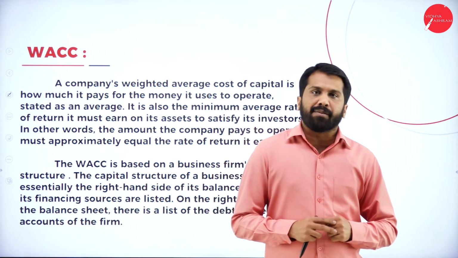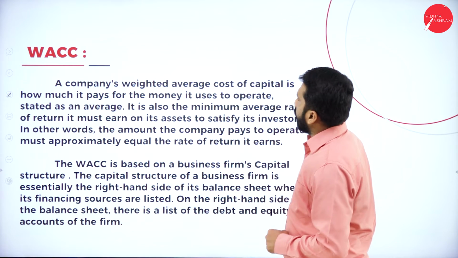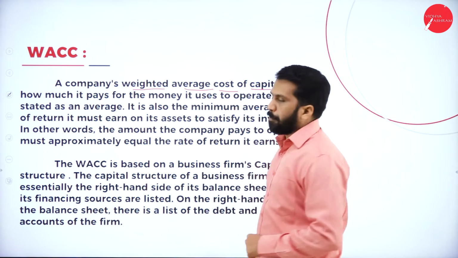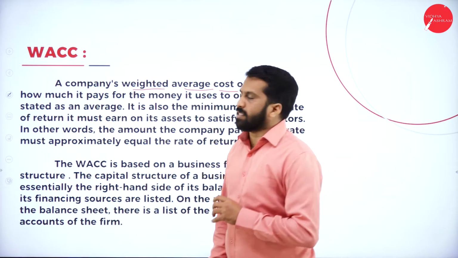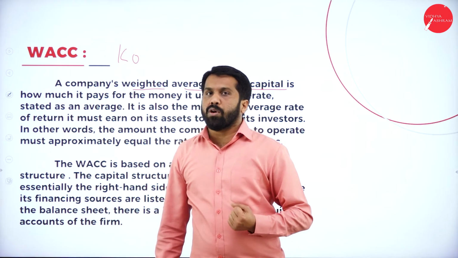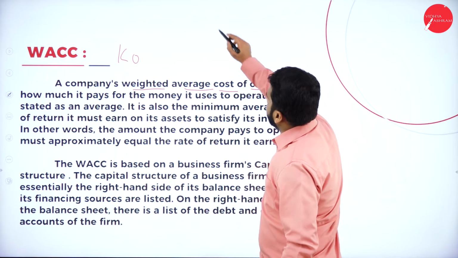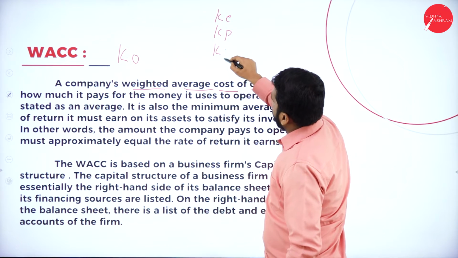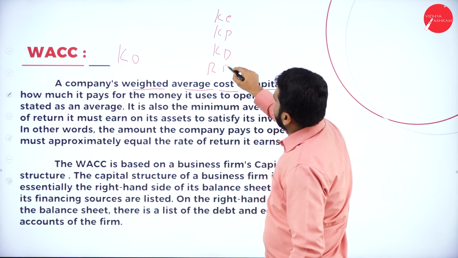What is WACC? WACC stands for weighted average cost of capital. We call this KO. KO means overall. So far we have discussed cost of equity, cost of preference, cost of debenture and retained earning.